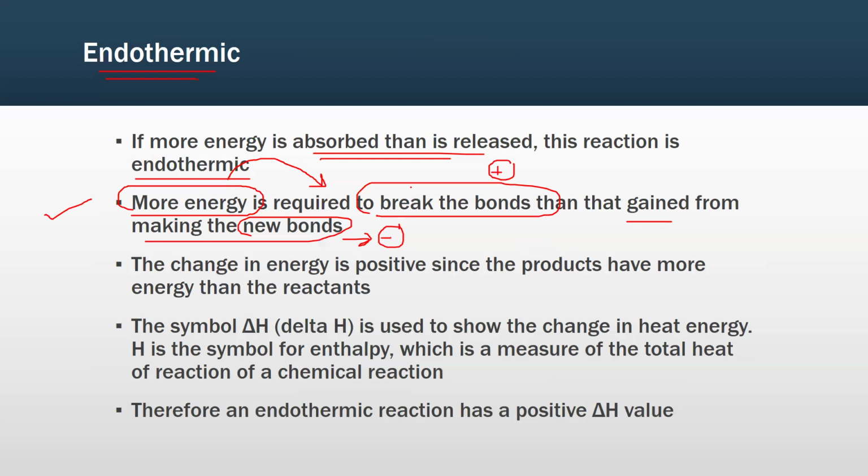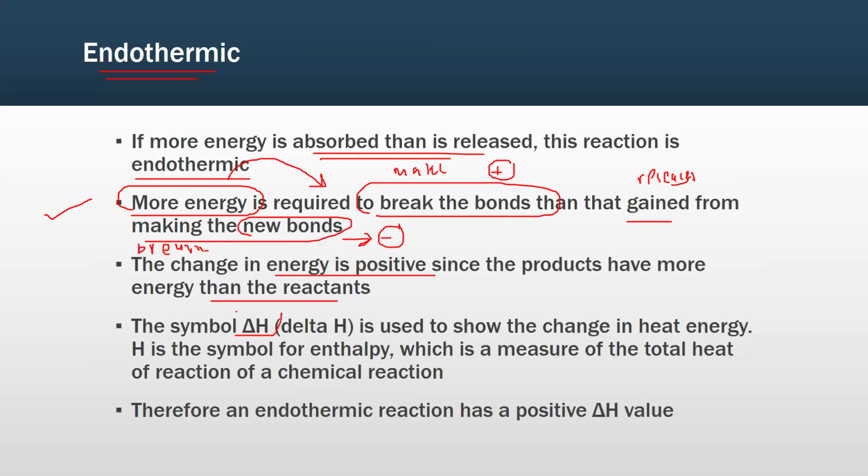When more energy is released from making the new bonds than is required for breaking the bonds, which reaction will it be? Exothermic. Now the change in energy is positive since the products have more energy than the reactants.